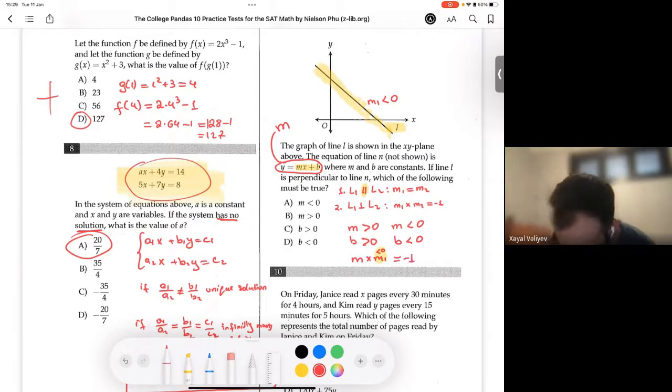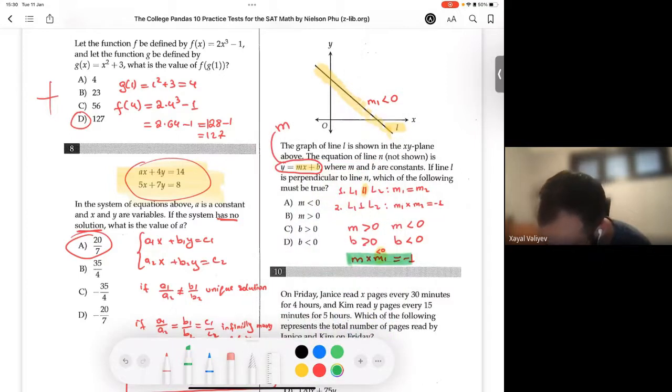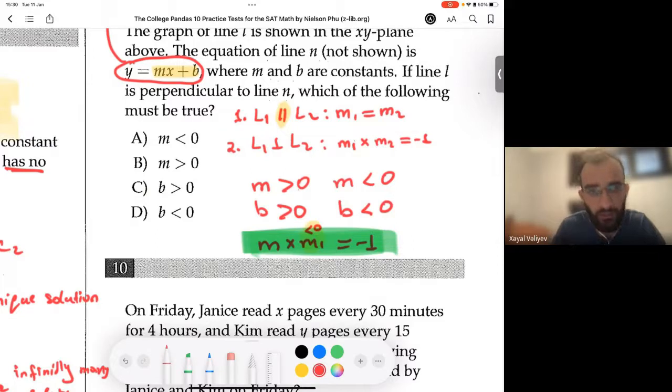That's the case for perpendicular lines. So we know that m1 is less than 0. And what about m? Should m be greater than 0 or less than 0 to make the product negative 1?